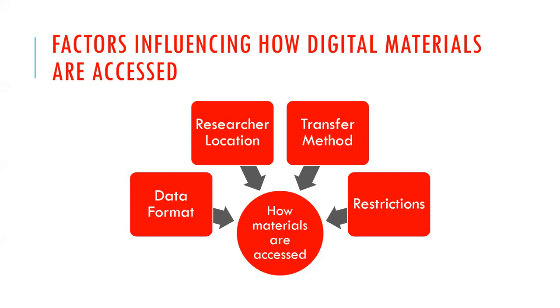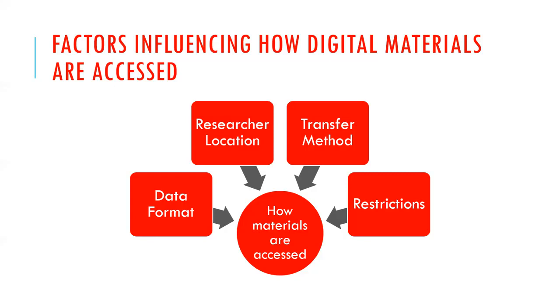And then, as I touched on before, there may be a restriction. So a researcher may only be able to use metadata to search for records. A researcher may be able to view only the metadata for a record and not the content. A researcher may be able to actually render the materials, in which case a representation of a record is displayed to them from the comfort of their own home.